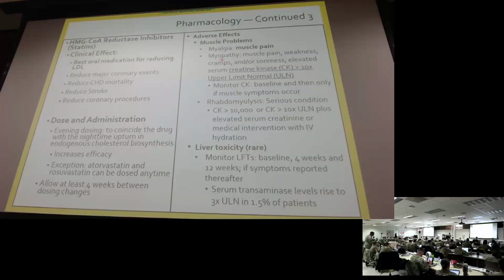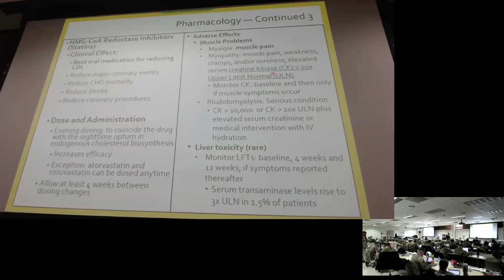But what you're seeing here is the CK, or their creatine kinase, which is something that is very important that you're going to monitor when you start a patient on a statin. You're going to get their baseline, and then you're going to monitor their CK, because if it goes to greater than 10 times their upper limit of normal, then you're likely going to have to discontinue the medication or decrease that dose.